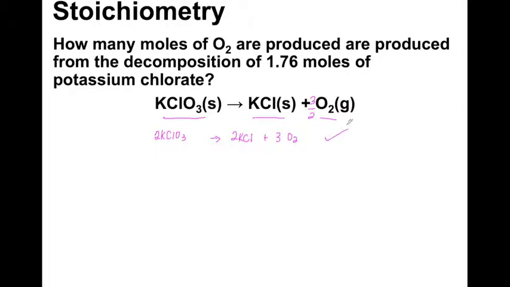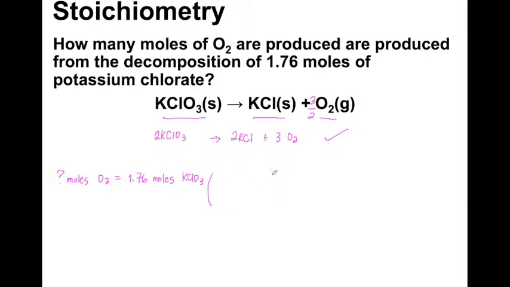So we have the balanced chemical equation, so we can proceed with the problem. It's asking how many moles of oxygen do we get if we start with 1.76 moles of potassium chlorate. So we get the stoichiometric factor from the balanced chemical equation.